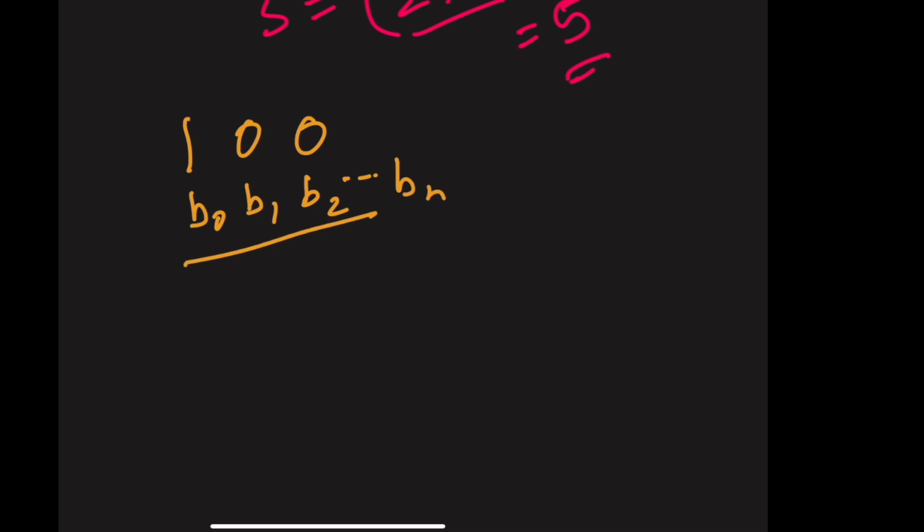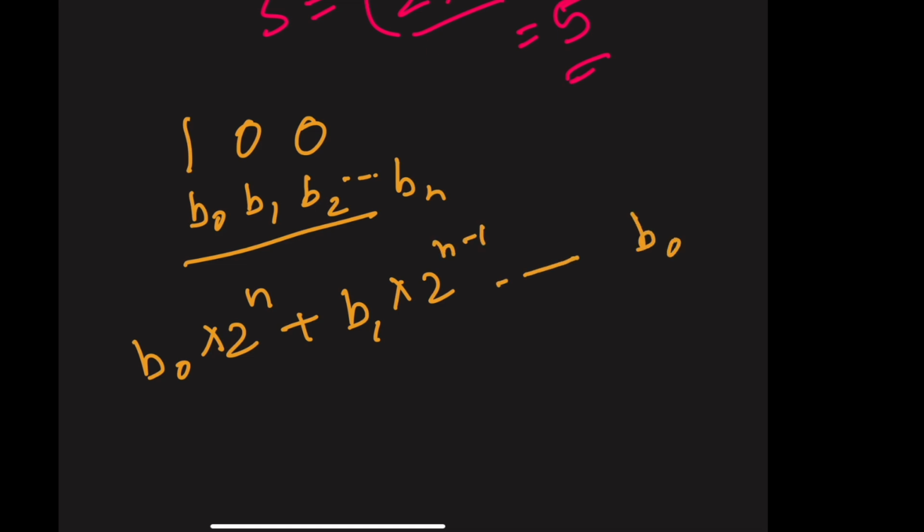How do we calculate? b0 into 2 to the power n plus b1 into 2 to the power n minus 1, dot dot dot, plus bn into 2 to the power 0. So that's how we calculate the value of the binary number, correct?